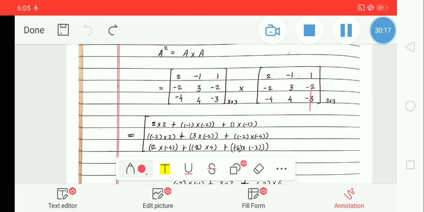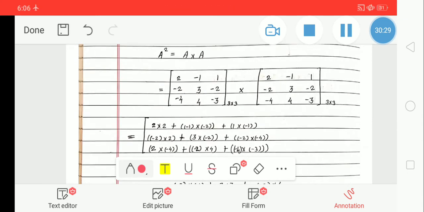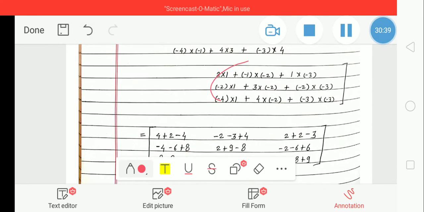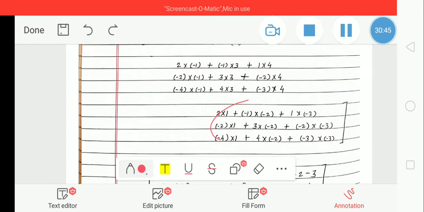Then we take these, multiply by these, then this multiplied by these, then the third one means this. We take third column first row, then third column second row, then third column third row. We will get these values. Now we can multiply and add.